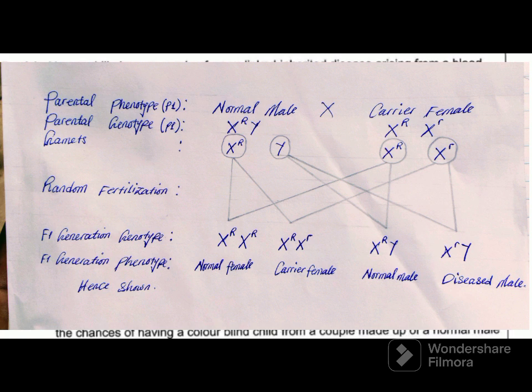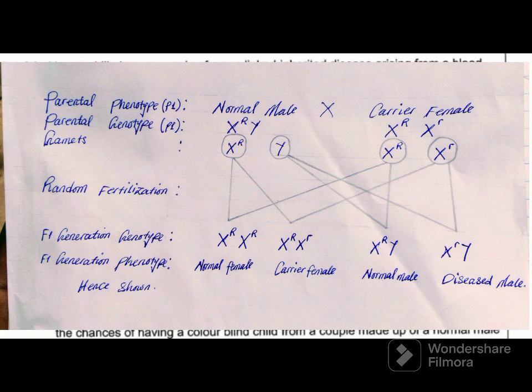Now the time of crossing has come. Here you just begin with the first allele. The first allele or the first chromosome here, you cross it with the first allele of the carrier female. If you want, you can write the results you've obtained. Again, the first allele must be crossed with the second allele of the carrier female.